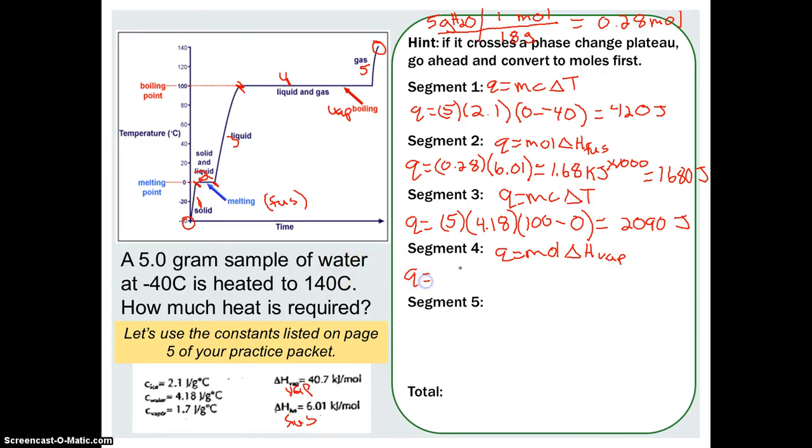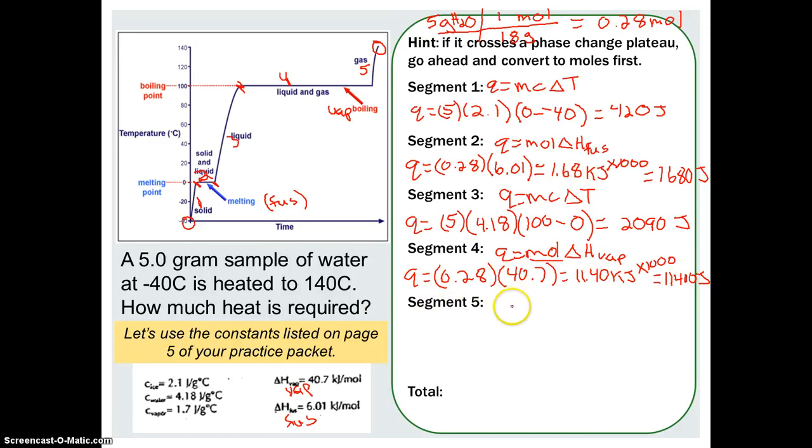Q equals moles, which we calculated to be 0.28, times delta H of vaporization, which we're given down here as 40.7. I plug this in and I get 11.40. Remember, this is kilojoules. So when I need to add them together, I need them all in the same unit, so I'm going to multiply by 1,000 to get 11,400 joules.